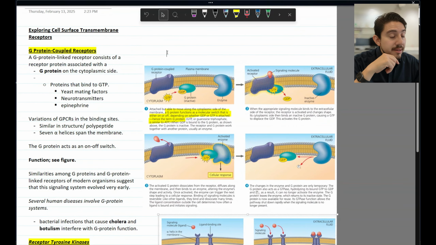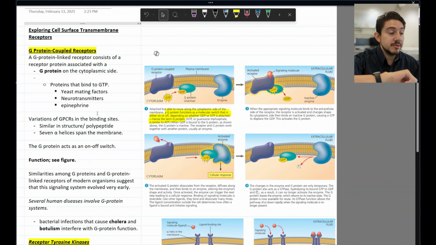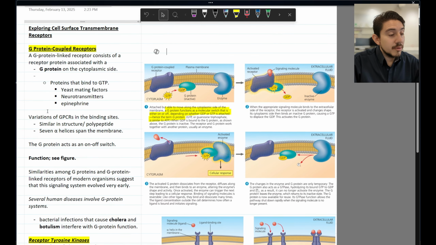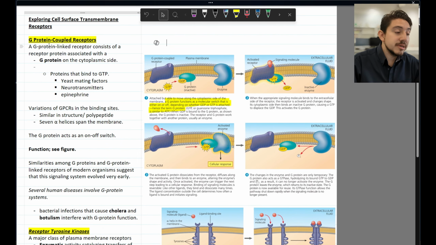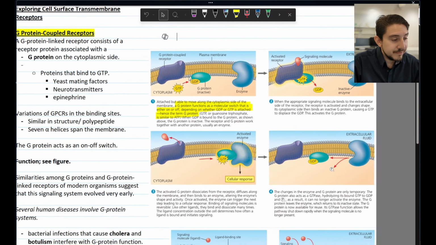So, taking a look at these coupled receptors, the first one we're going to look at is the G protein coupled receptor. The reason it's called a G protein coupled receptor is because it has a G protein on the cytoplasmic side of the cell membrane.